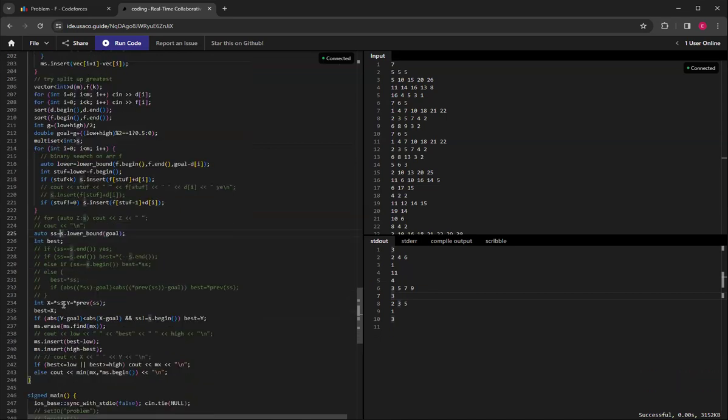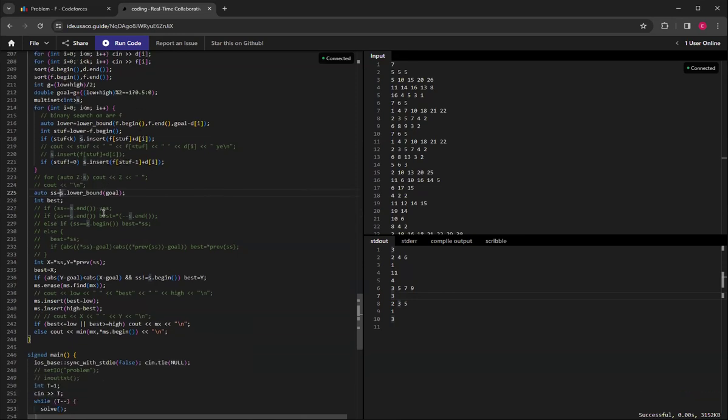Since lower bound gets the next element greater than or equal, I also have to check the one less than, because if the greater one was further away than the lesser one, I had to check that. So I checked which one was the closest to the goal.